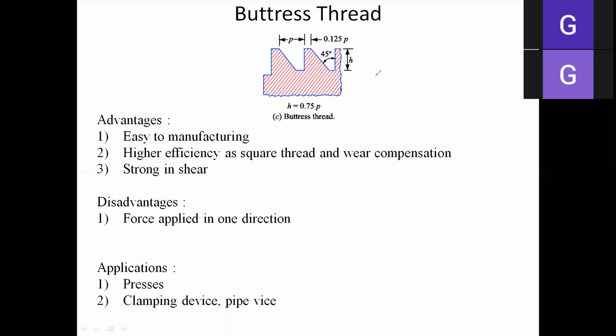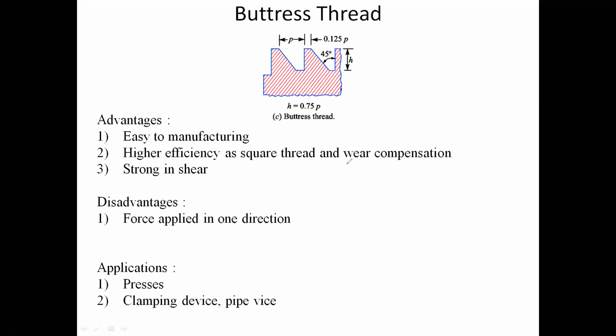So that's why buttress thread is useful in presses, clamping devices, pipe vice, etc. You cannot directly use this buttress thread for our screw jack, because in the screw jack we need to have both direction forces. Okay, so these are the three different categories and four different types of power screw.